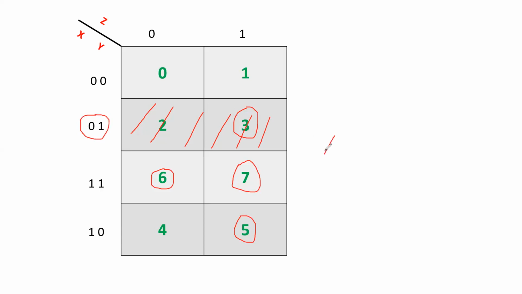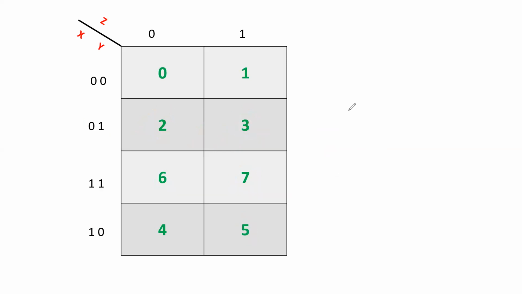So X has value X complement, Y is without complement because Y has value 1, and the value of Z for that 3 is 1. So it is x complement y z.